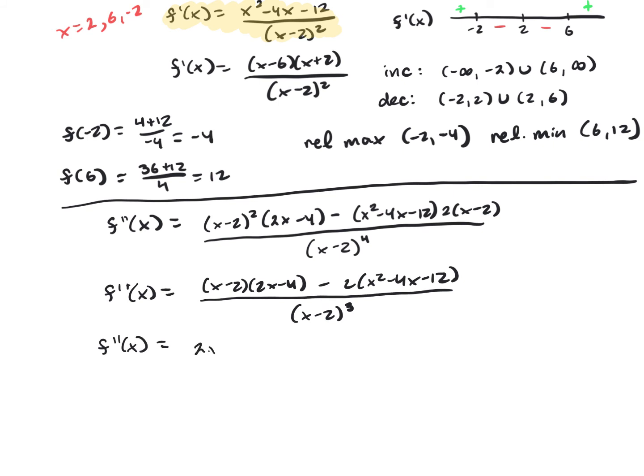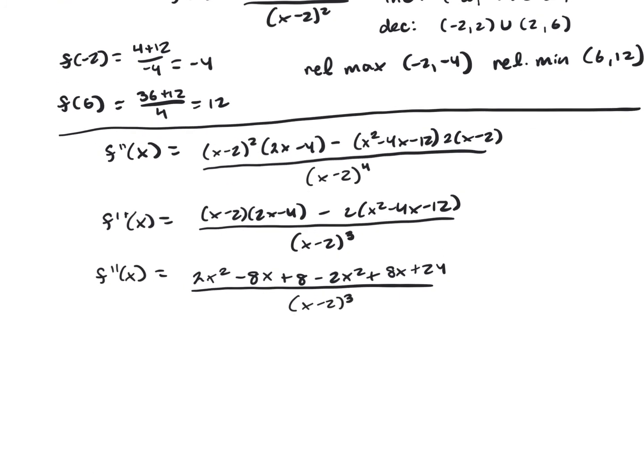So here we would have 2x squared, and then we have minus 4x, so minus 8x plus 8 minus 2x squared plus 4x plus 8x plus 24 all over x minus 2 cubed. And we can start simplifying our numerator. So these will cancel out, and that just leaves us with 32 over x minus 2 cubed.